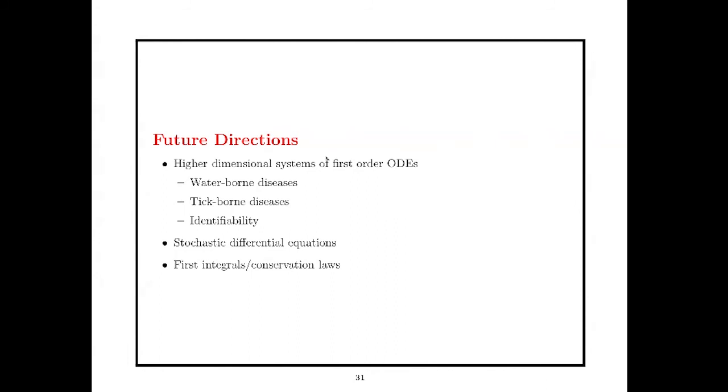But the other point about identifiability is it can also help restrict those very general systems that I presented to you earlier. And so in that sense, you can start honing in on biologically relevant systems to look at the idea of identifiability.